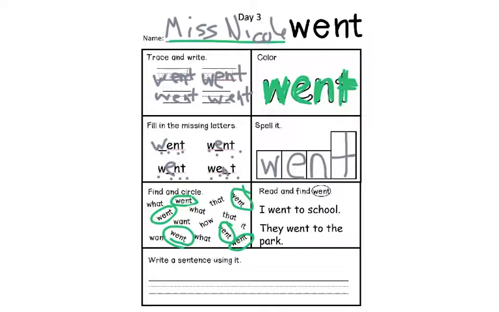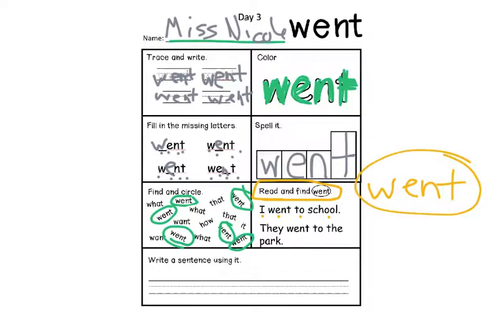Great job. The next section says read and find went. So let's read the sentences. I went to school. Find the word went in that sentence and circle it. I went to school.